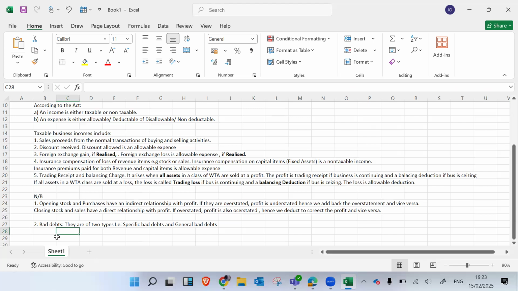The next point: an increase in general bad debts is a disallowable expense, while a decrease in general bad debts is a non-taxable income.